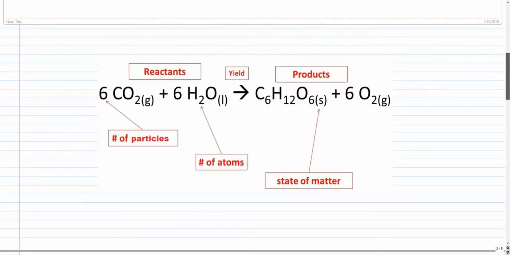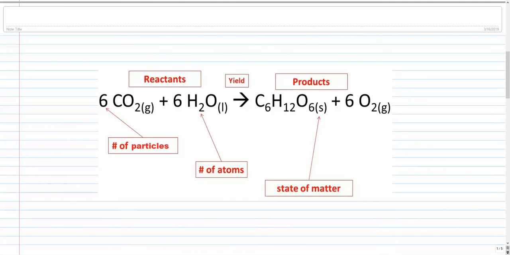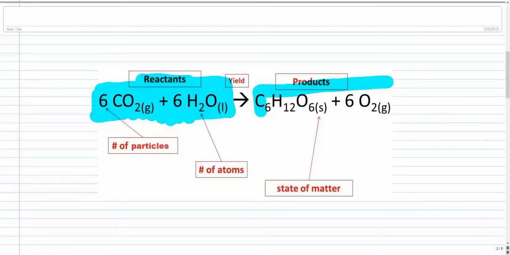So this is a chemical equation. And I think I want to start with the big stuff. Everything on the left side of the arrow is called a reactant. So this chemical reaction, or this equation, has two reactants. And then, when the reaction happens, you get products.